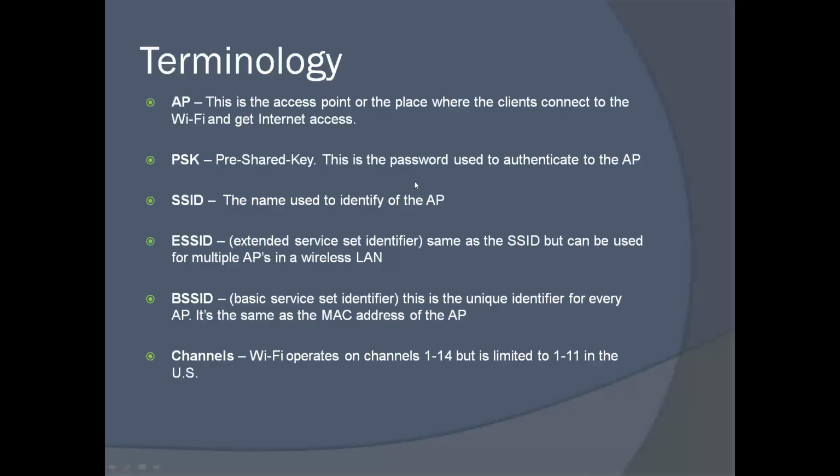This is the password used to authenticate to the AP. All right. Now, the reason it's not referred to as a password is that it's a password that everybody who connects uses. There's not separate passwords for each individual. That's one of the weaknesses of the pre-shared key system, is everybody uses the same key.